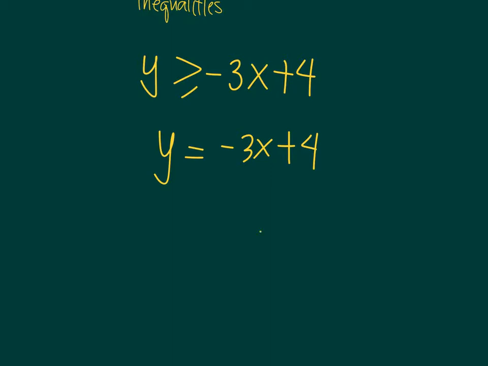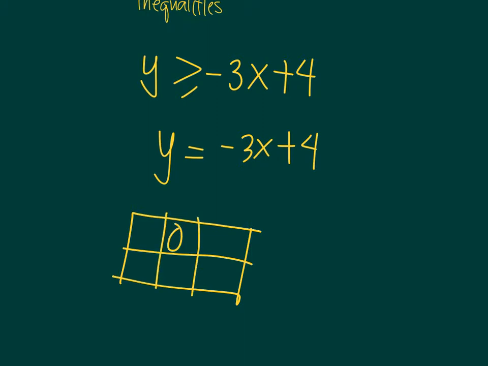But there are 2 important points, or 2 easy points, that you can create. One with x equals 0 and the other with y equals 0. You set x to be 0, you get a y. You set y equal to 0, you get an x.